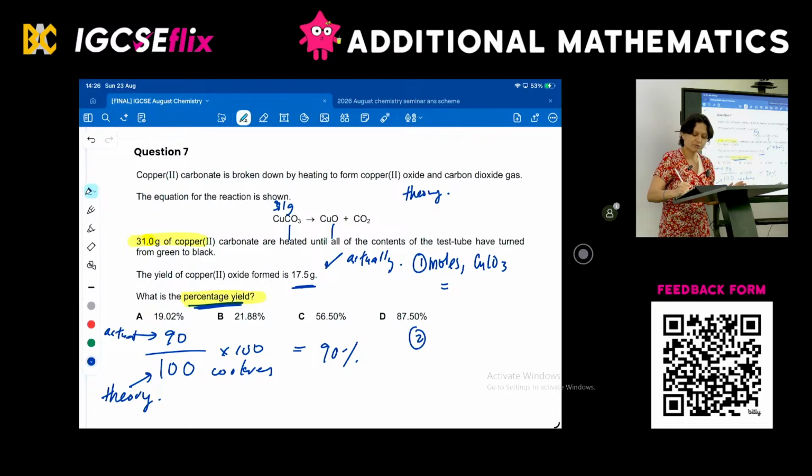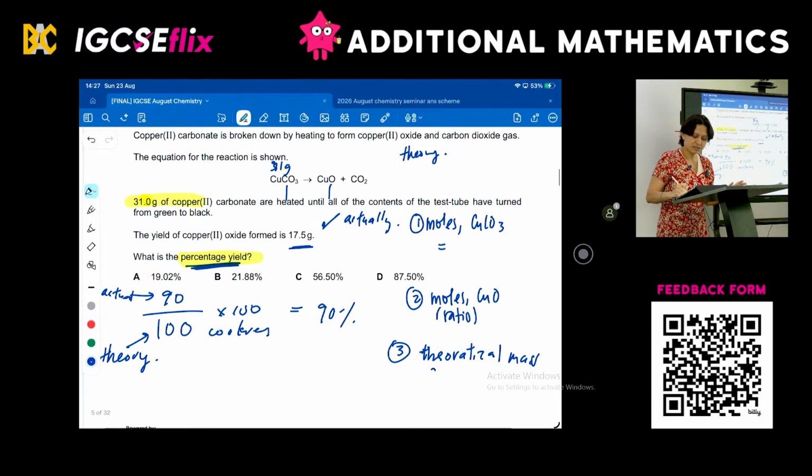Step 2, find the amount of moles of copper oxide using the ratio method. And step 3, find the theoretical mass of CuO. That means in theory, how much I'm supposed to get. And then calculate your percentage yield.